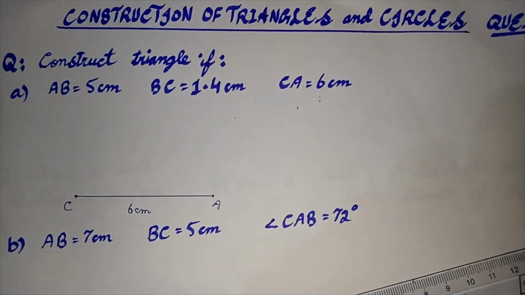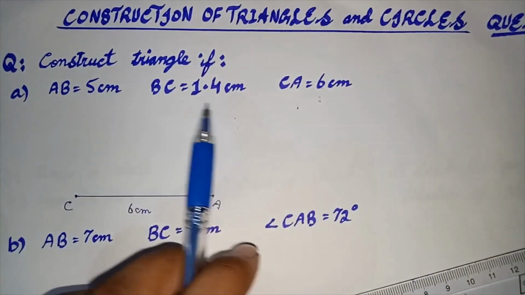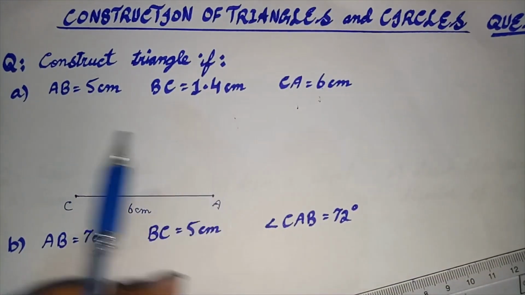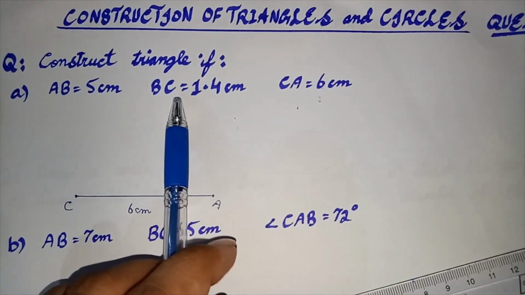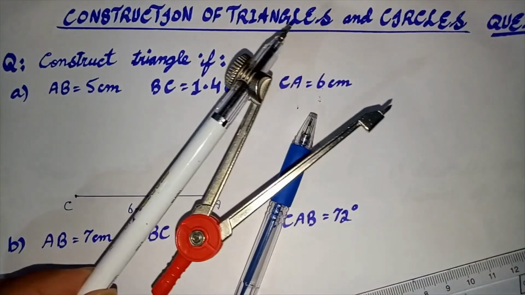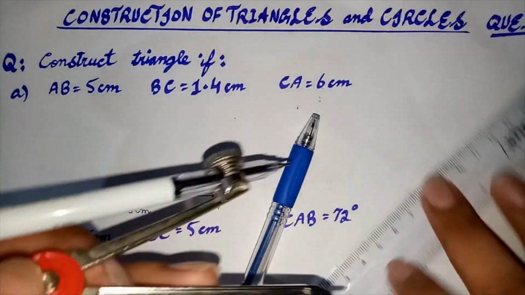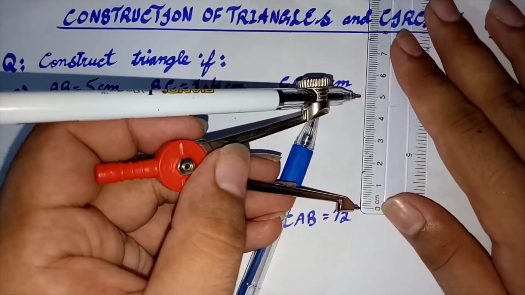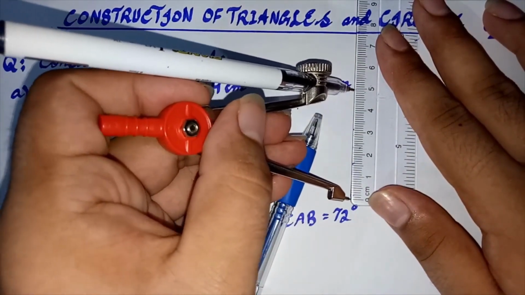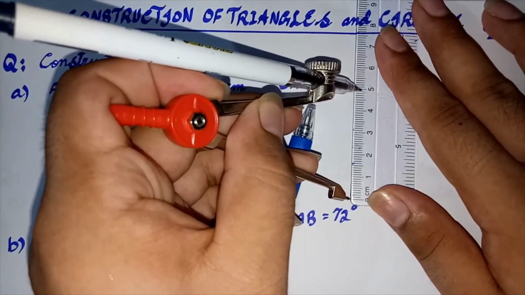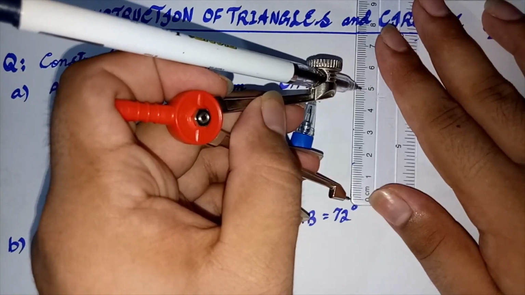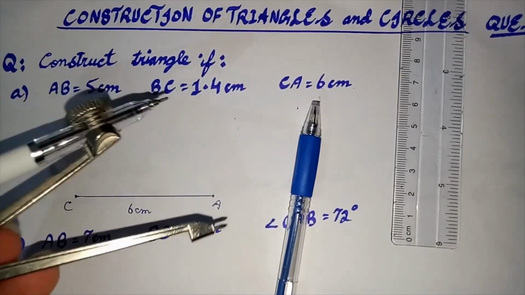Now we have to take the other lengths. It's your choice, you can take any of the lengths. Let's take AB first, because I have already opened this length of 5 centimeters by putting it at the 0 line and here at 5 centimeters.